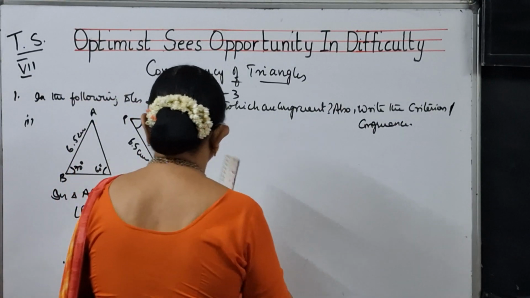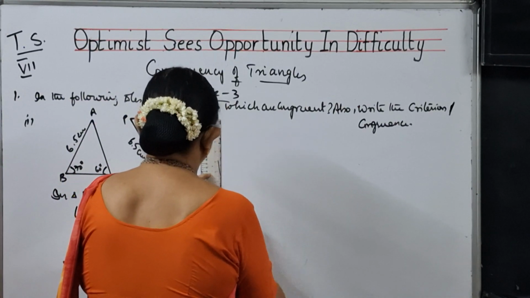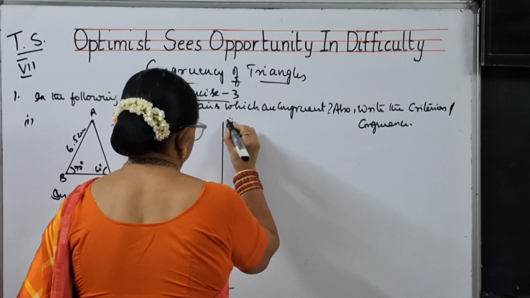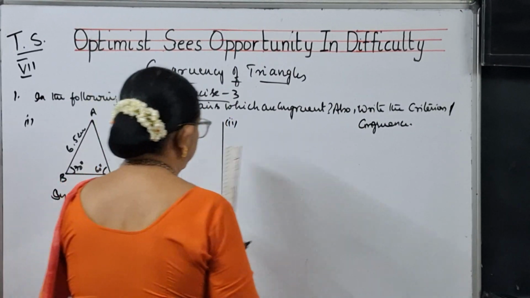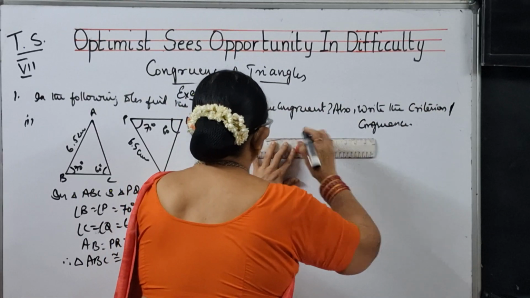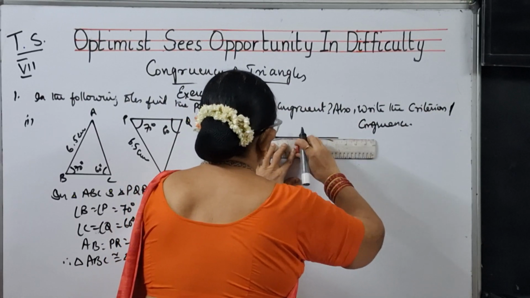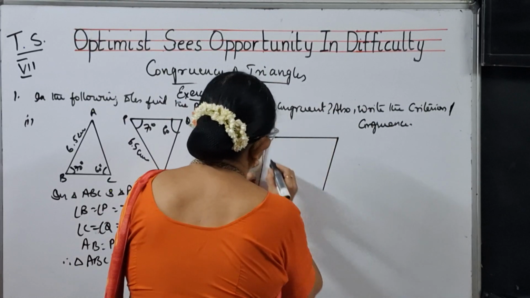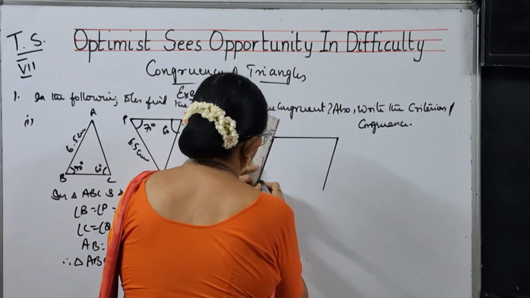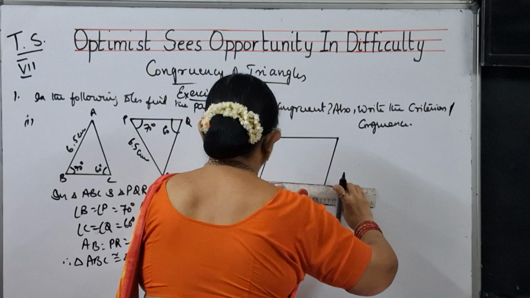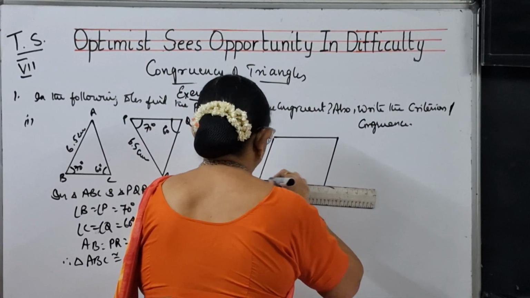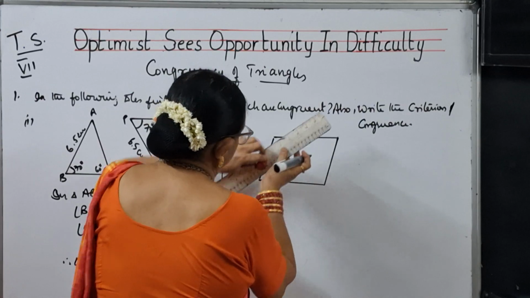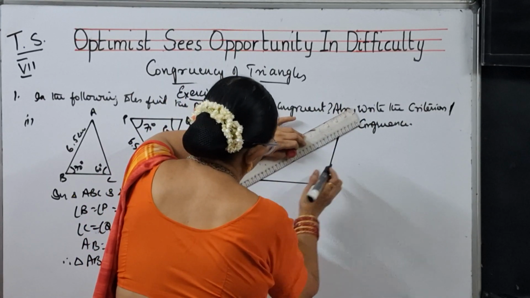This is the first bit. Now let us see the second bit. In the second bit, you have got two triangles which are attached to each other. It's like a parallelogram with its diagonal.